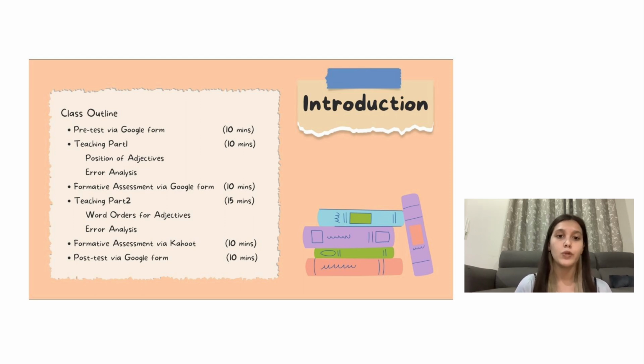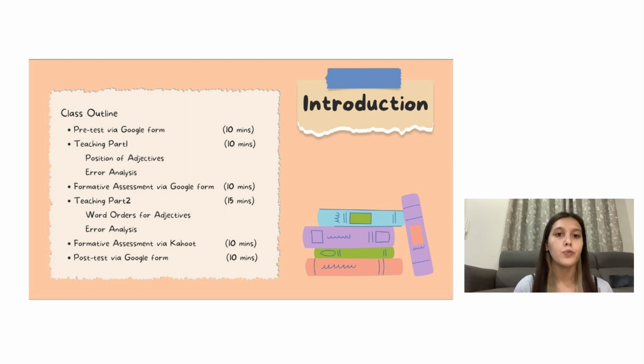Once we are done with teaching part 1, we will move on to the formative assessments via Google Classroom, which will take around 10 minutes. After that, we will move on to teaching part 2, which will include the word order for adjectives and another analysis on errors. We will spend 15 minutes in this part.